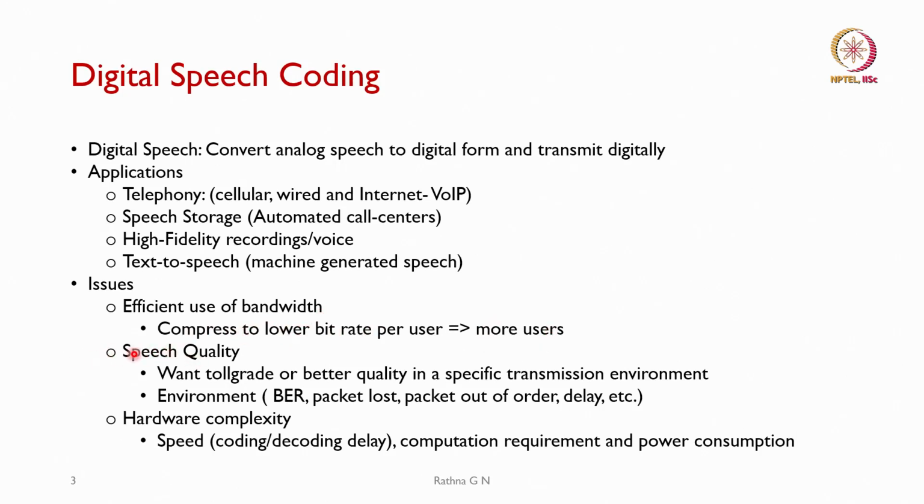Then we have to look at the speech quality. What we want is toll grade or better quality in a specific transmission environment. The environment may be noisy, but still we want to have better quality.